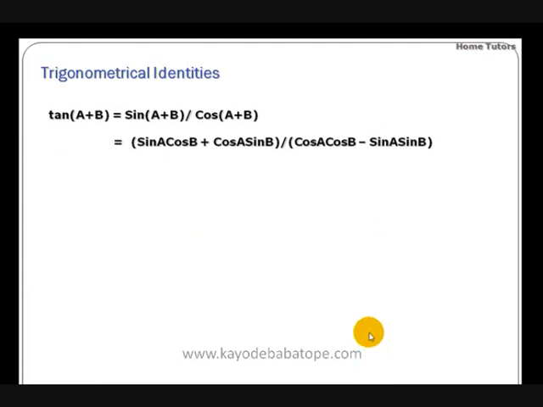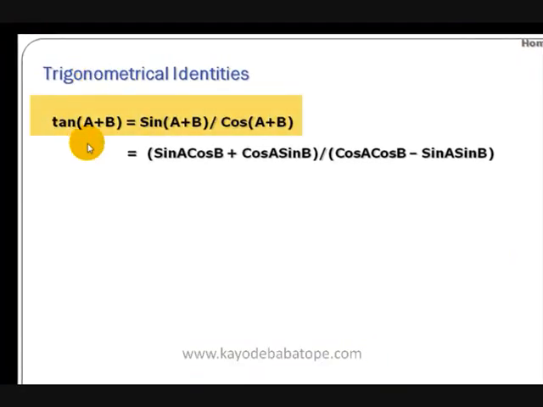Now, from the basic course in trigonometry, you have been told that tan theta equals sin theta over cos theta. That is, the tangent of an angle is equal to the ratio of the sine of the angle to the cosine of the angle. Therefore, tan(A plus B) will be equal to sin(A plus B) over cos(A plus B).